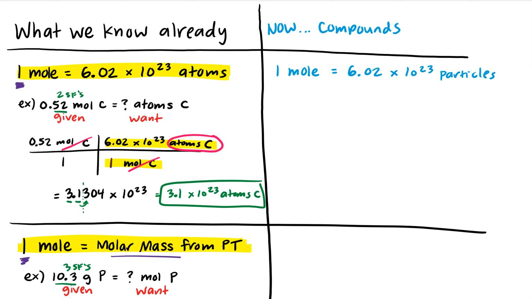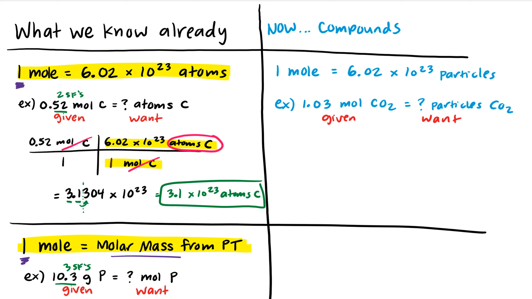So let's look at some examples. Let's say I have 1.03 moles of CO2, carbon dioxide, and they would like for me to calculate how many particles of CO2 that is equal to. So again, I have a given, I have a want.